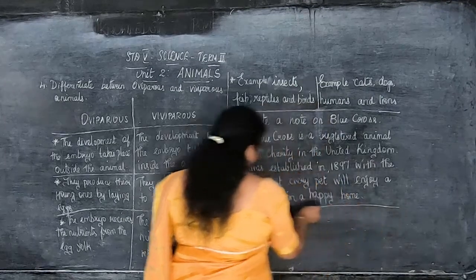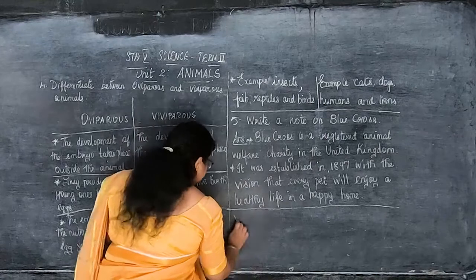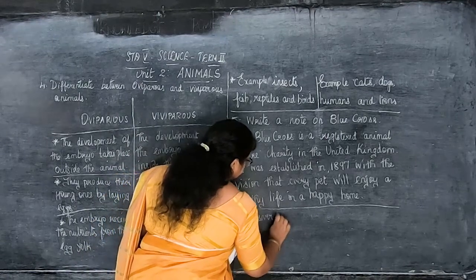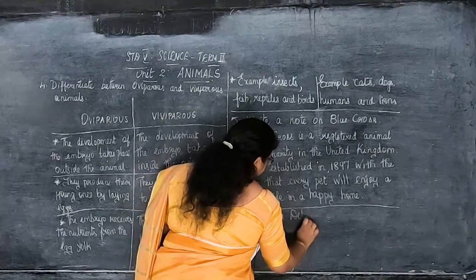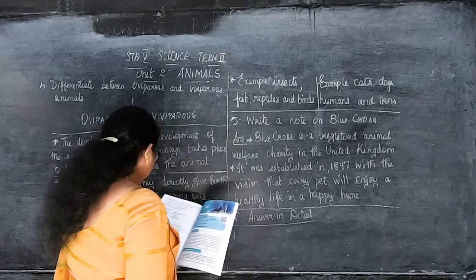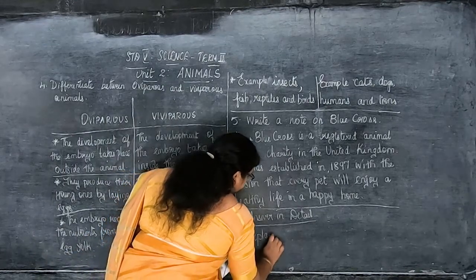Okay children, let's solve this question. Now next we'll go to the answer in detail. First question, explain the methods of asexual reproduction.